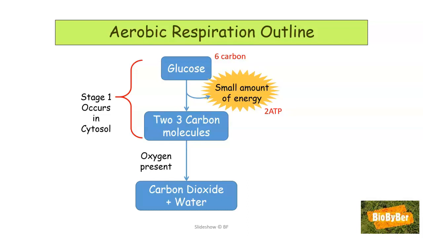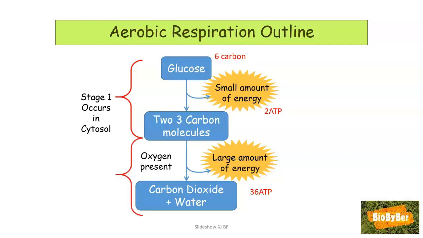What happens to the 2 3-carbon molecules is determined by whether oxygen is present or not. As we're describing aerobic respiration, oxygen will be present, and then the 2 3-carbon molecules will be completely broken down to carbon dioxide and water, releasing a large amount of energy, a further 36 ATP molecules, giving rise to a total of 38.